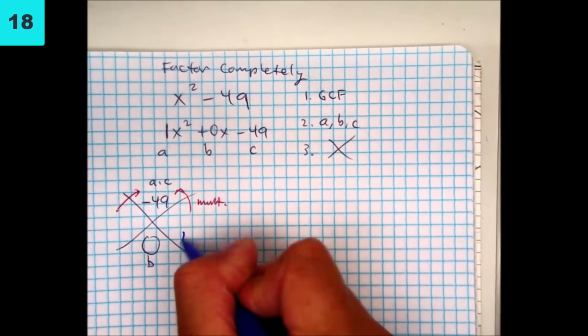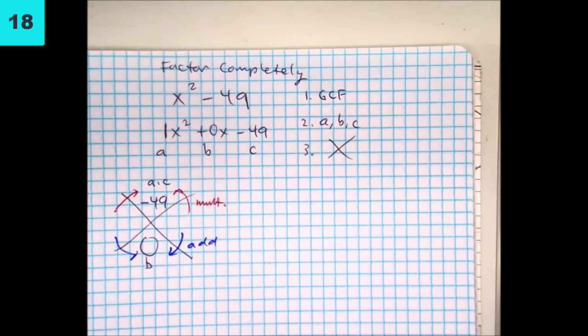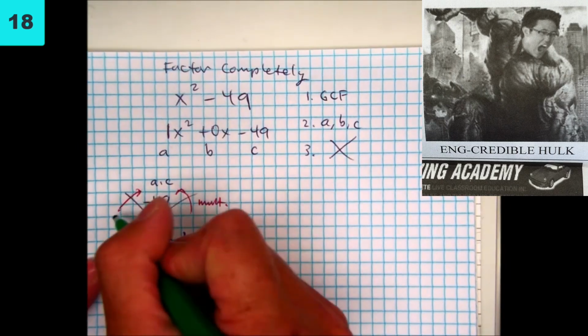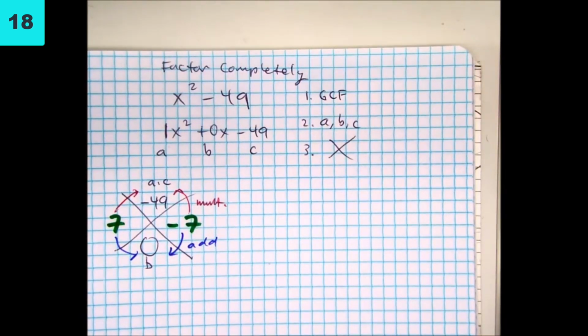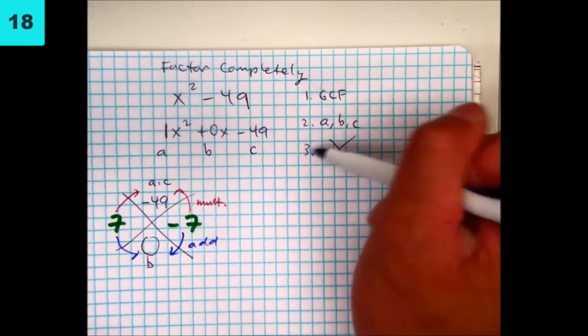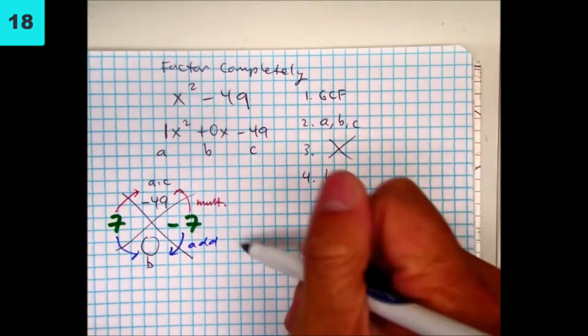But those same 2 numbers need to be adding to equal 0. What do those 2 numbers cost? 7 and negative 7. So I've done the greatest common factor, ABC, I've done the X, and now I'm going to do the box.